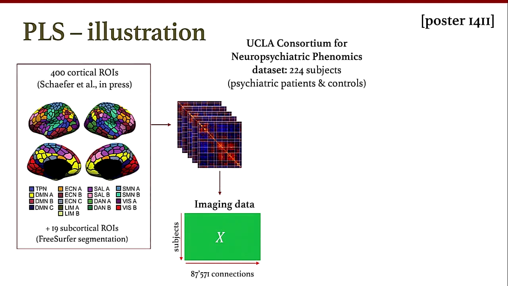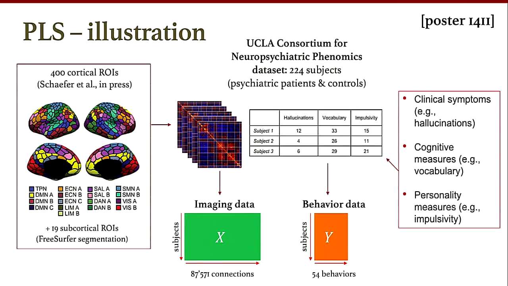On the imaging side, we have functional connectivity data coming from correlations between the time series of 400 cortical ROIs, to which we added 19 subcortical ROIs. This gives us around 80,000 connections for each subject. Then on the behavioral side, we have 54 behaviors which contain clinical symptoms, but also cognitive measures and personality measures.